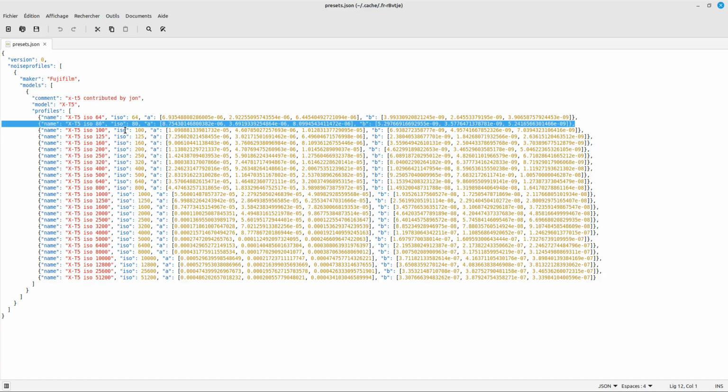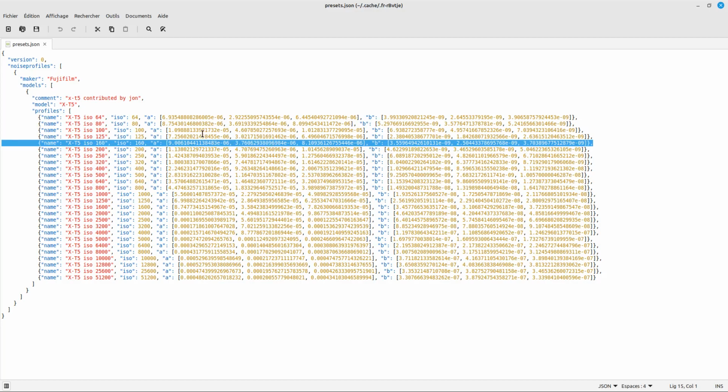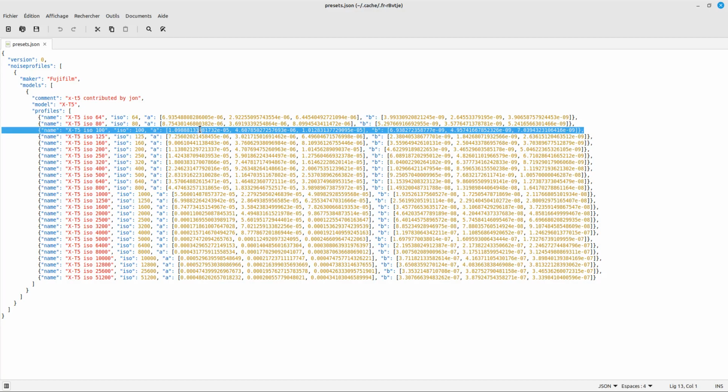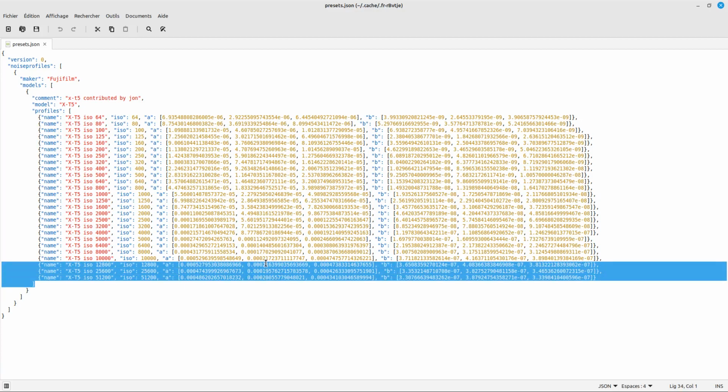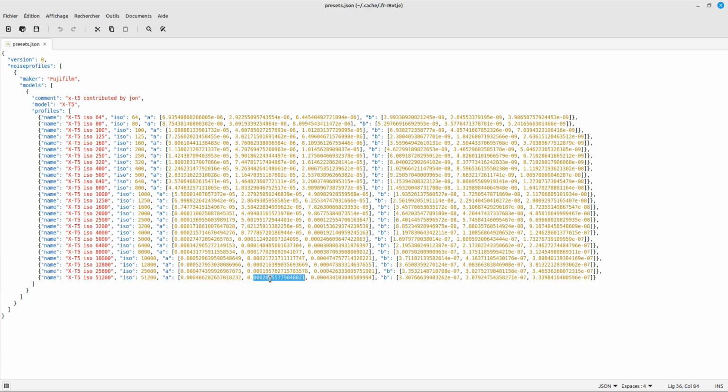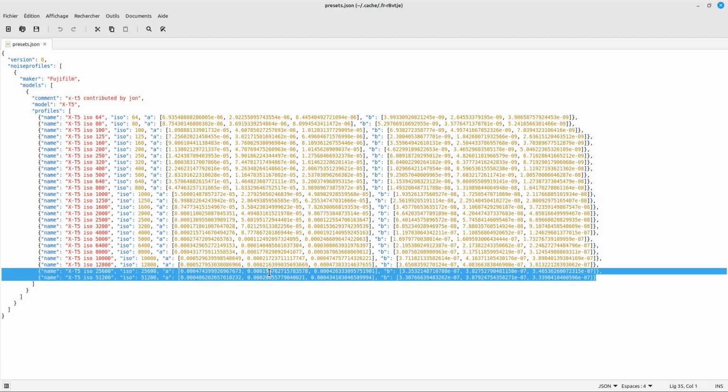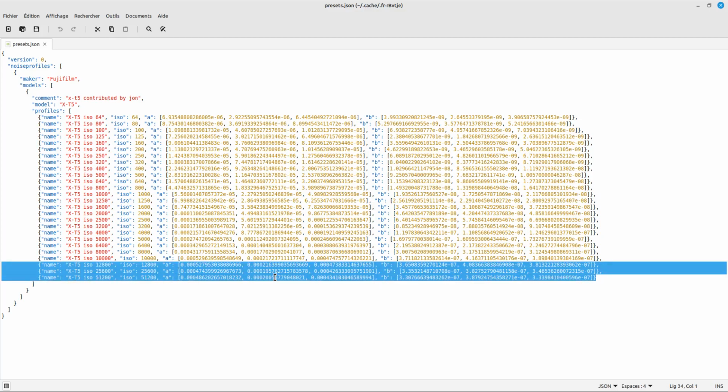For ISO 80, it's approximately the same value as ISO 160. And for ISO 100, it's approximately the same value as ISO 200. That's expected behavior. Same kind of thing here for extended ISO in the high ISO. So basically, the values here are almost equal.